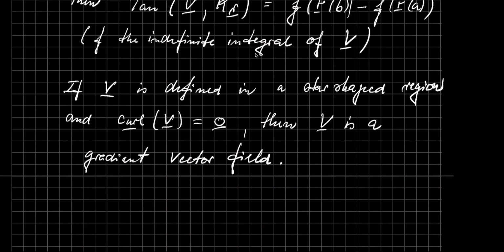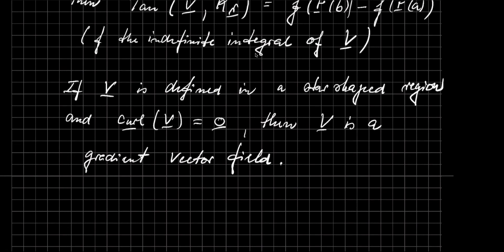And what is a star-shaped region? A star-shaped region is a region where there exists a point where you can reach all the points by a straight line. So if this is the case, then for instance the whole of R3 is star-shaped, of course.